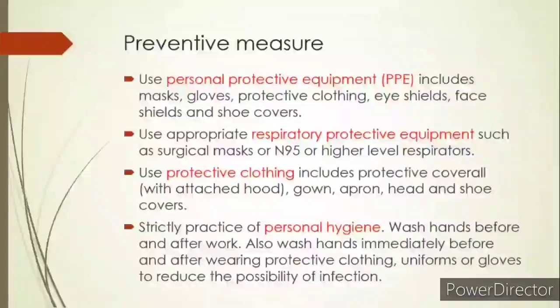These are some of the preventive measures that we must obey when we see the biological hazard sign. First, you must use personal protective equipment, or PPE, including mask, glove, protective clothing, eye shield, face shield, and shoe cover. PPE is what we usually wear before we enter the lab.